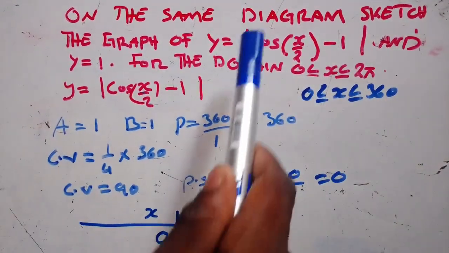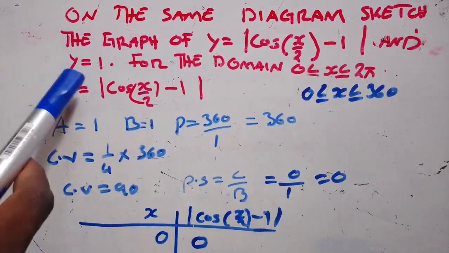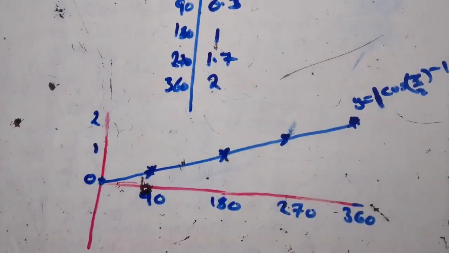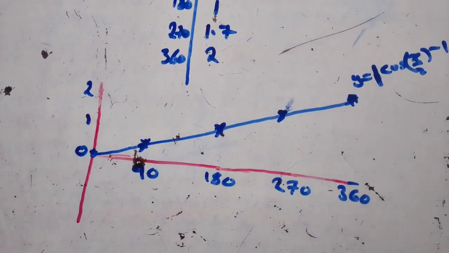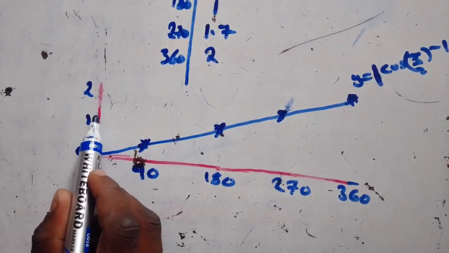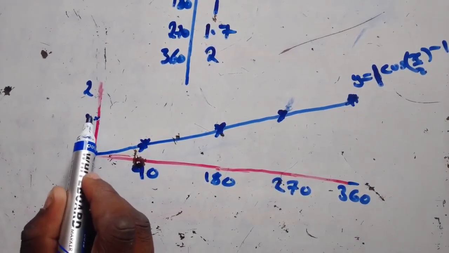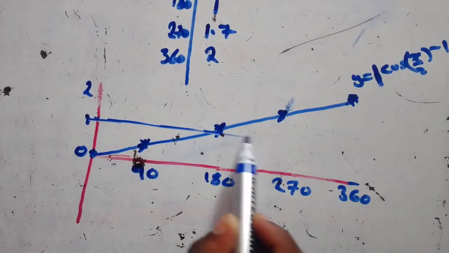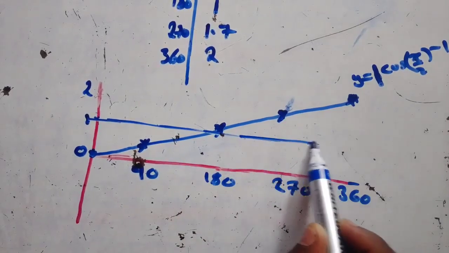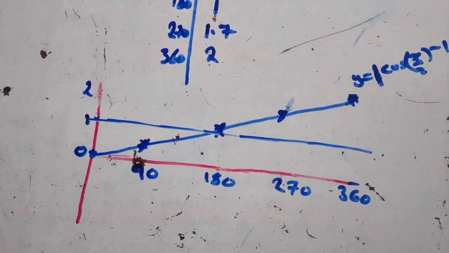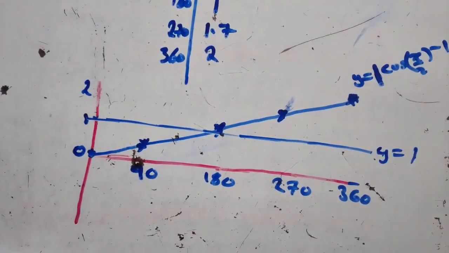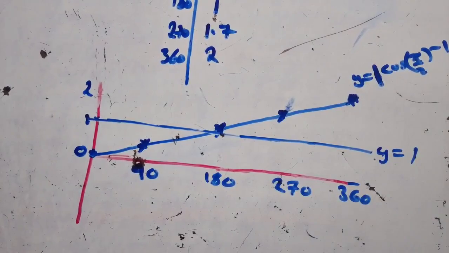We have graphed the first, so we remain with graphing y equals 1. It is just a straight line, so you come on your graph and draw where y equals 1. It is here. So we have graphed two functions, and this is what the question wanted us to do.